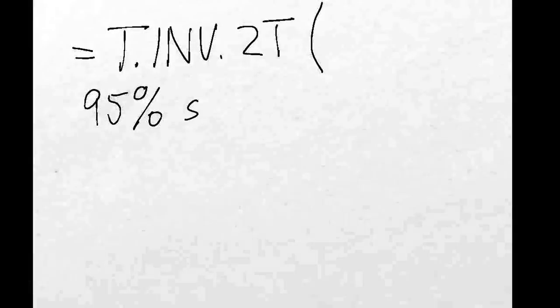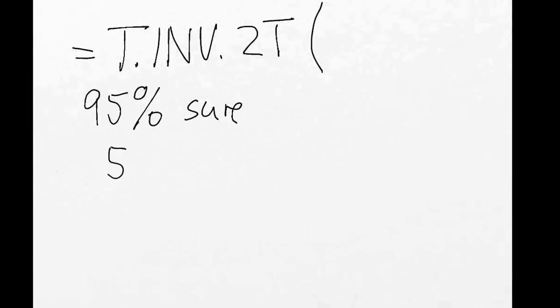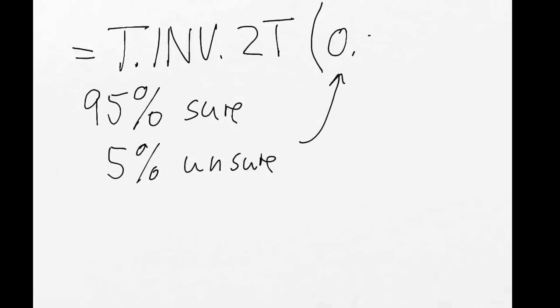So if you want to be 95% sure, it means you are 5% unsure. And therefore, you put in 0.05. And then you also need the sample size, and you put in n minus 1.